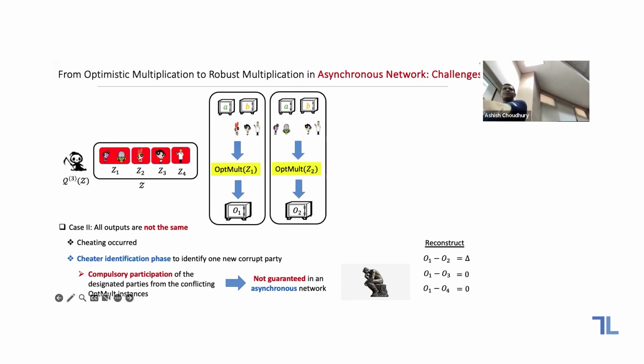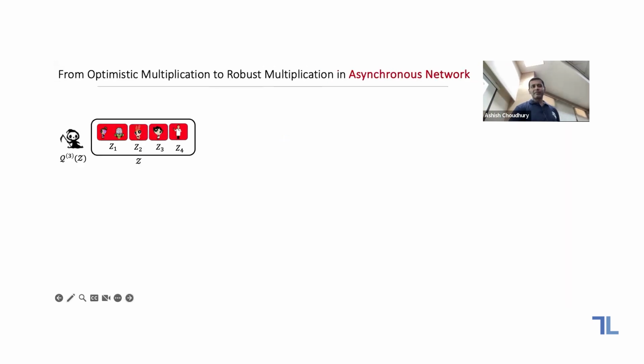And then you cannot go to the next iteration because it might again happen that the same set of corrupt parties again create the same scenario in the next iteration: they participate in the optimistic multiplication instances, they cheat, you identify cheating, and you start running the cheater identification phase, but again they remain silent, and you are stuck. You are not able to make progress. So how do we take care of this thing?